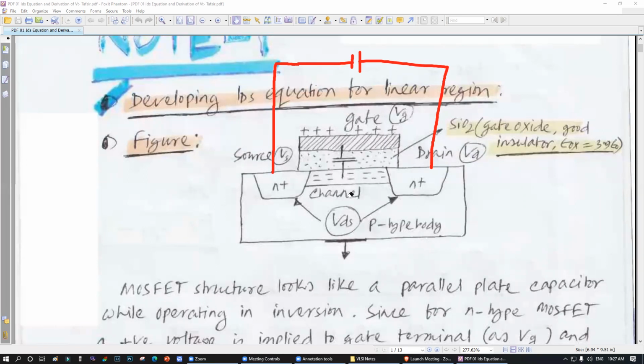This other part is N-type. Here you have free electrons because N-type is electron type.